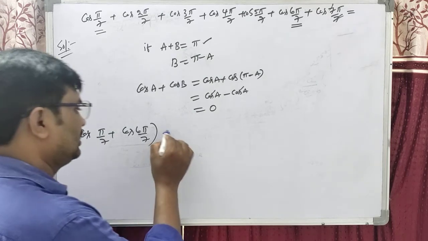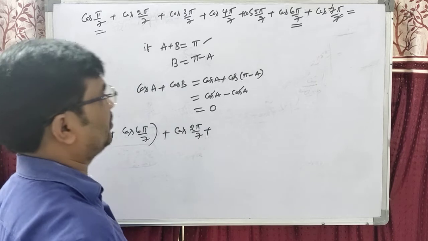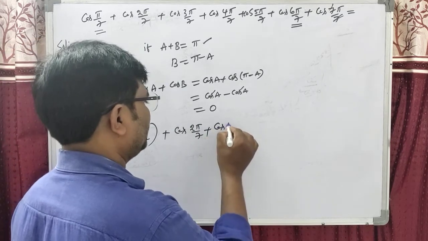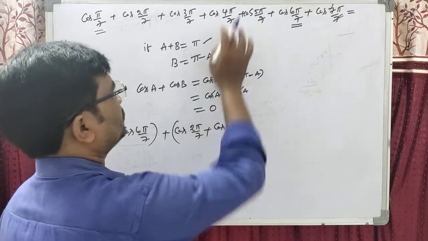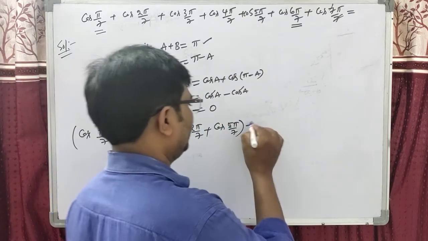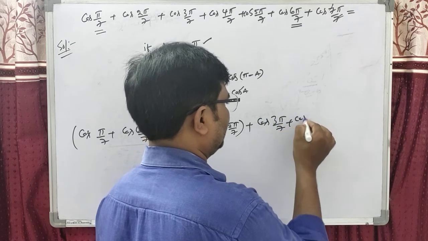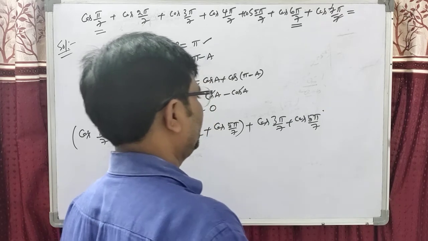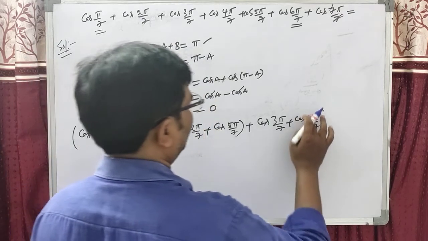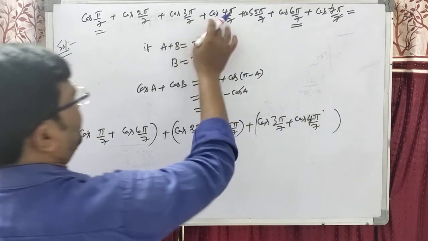Now the second one is cos of 2 pi by 7 and cos of 5 pi by 7: 2 pi plus 5 pi is 7 pi. Dear students, cos of 3 pi by 7 and cos of 4 pi by 7: here also 3 plus 4 is 7.